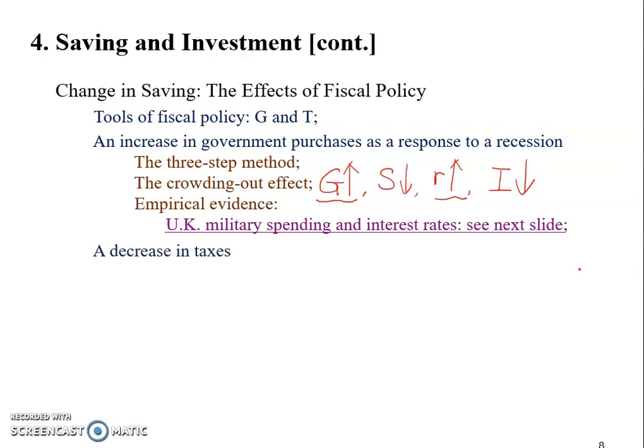As we said, oftentimes Democrats advocate spending hikes, or they believe that the government should increase its spending to fight against a recession. But Republicans disagree. They believe the right way to boost the economy is to decrease taxes.